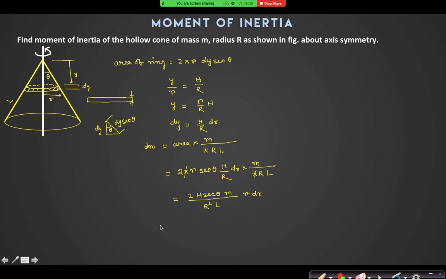Then I will find the moment of inertia for the ring. It is dm into r square only, or not? So dm into r square is 2. Achha, what is h sec theta? H sec theta is also L or not? So h sec theta and L will get cancelled out. So it is 2m by r square into r cube dr. If I integrate it from r equal to 0 to capital R, I will find the moment of inertia as mr square by 2.